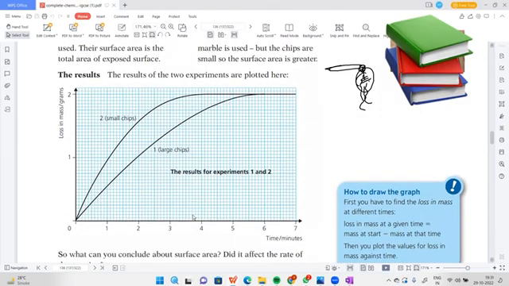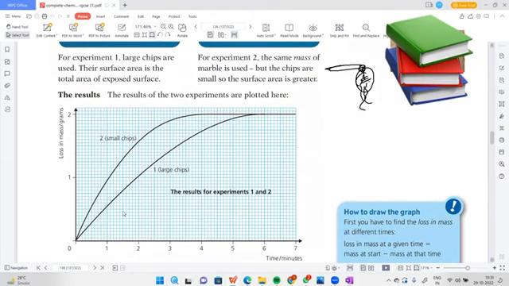So these are the two things. When you are taking a large block, where the mass of the pebble is heavy, then this is the way. So, ma'am, when there is more surface area, there will be more rate of reaction. Correct.